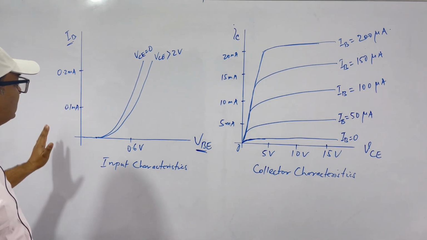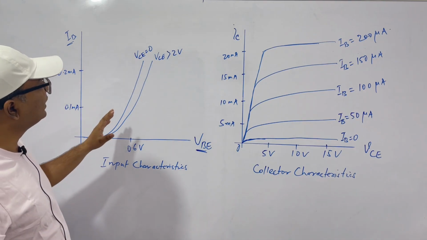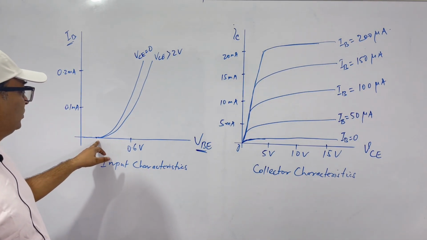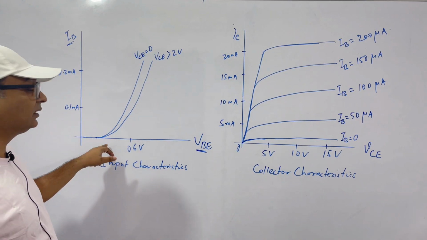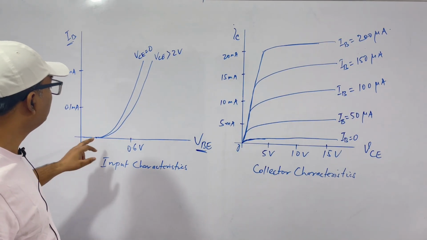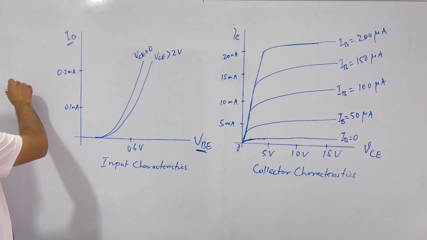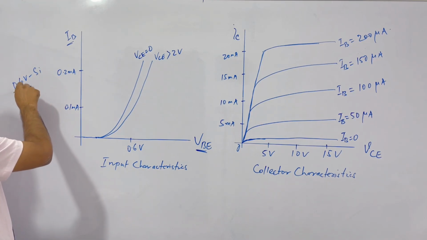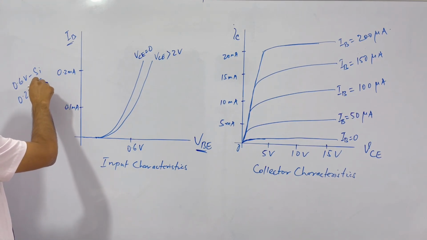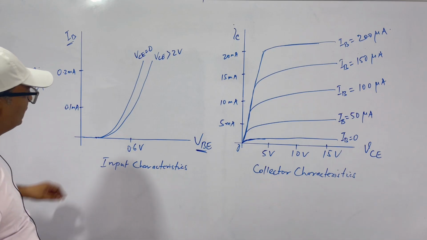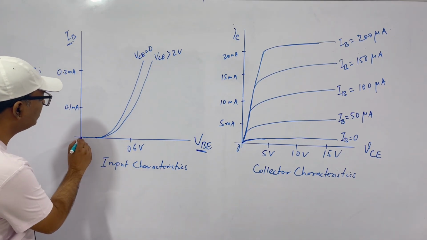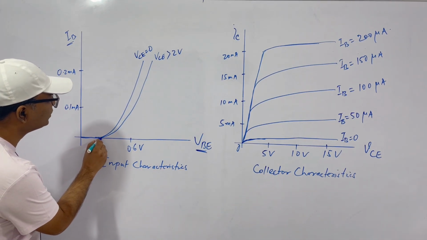So you can see this is the typical characteristic of a diode. This is the threshold voltage, after which the current starts to flow. Typically we have 0.6 volts for silicon and 0.2 volt for germanium. So obviously this is germanium. After that threshold voltage, current starts to flow.